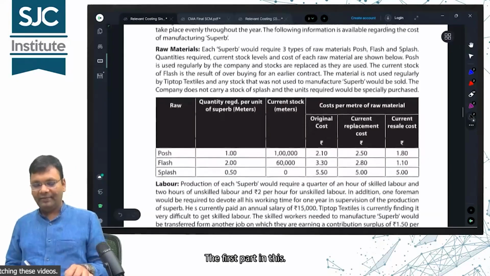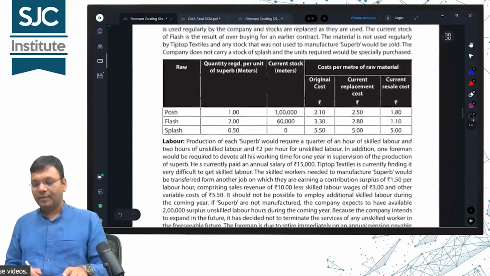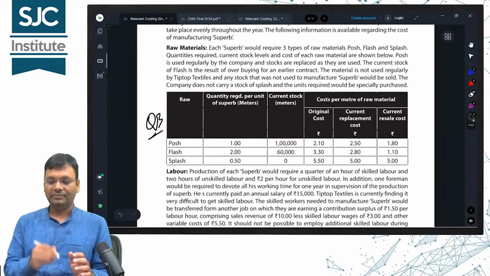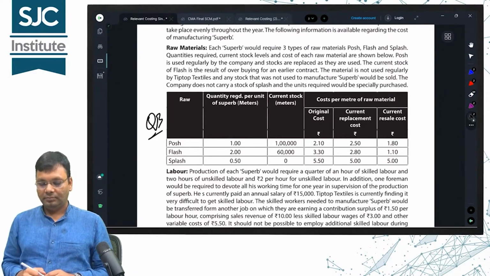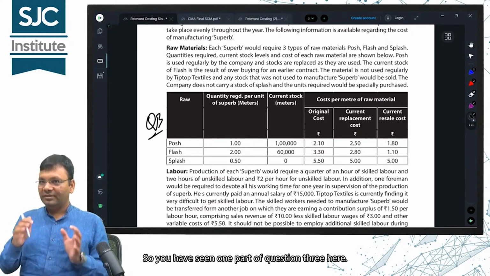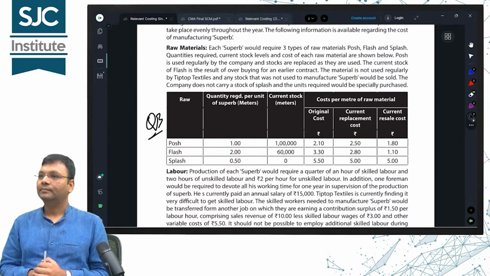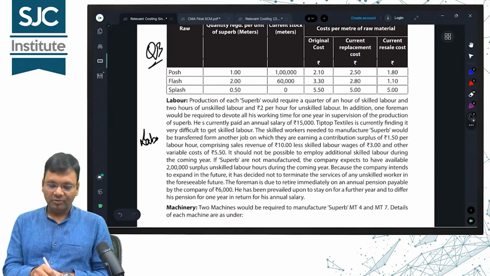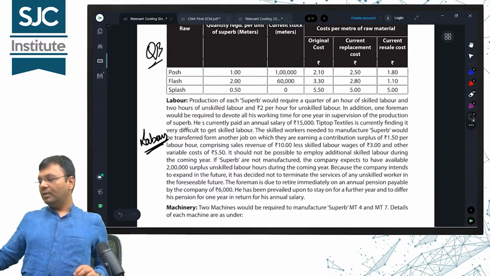How? The first part in this, we had already solved in question 3. This is a similar one. That one had 4 materials while this one has 3. So you have seen one part of question 3 here. So the part of labor, the concept of labor that we explained.